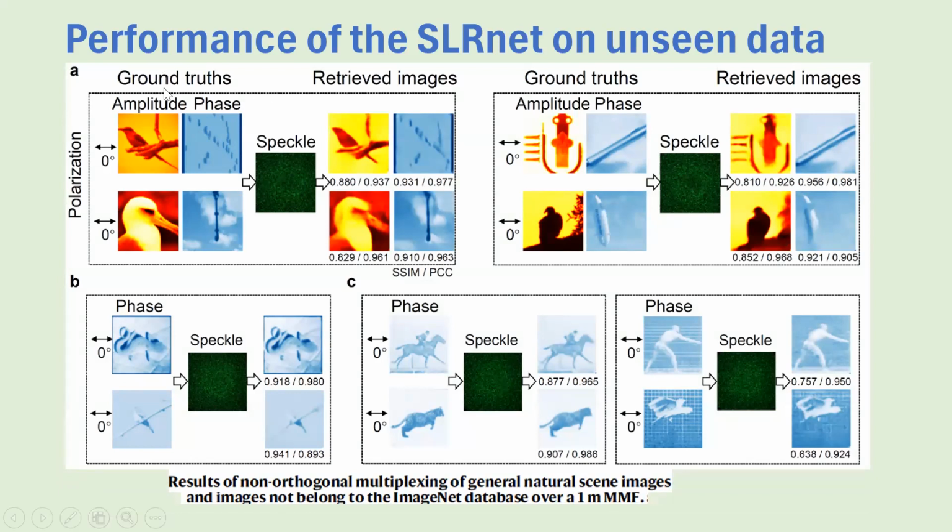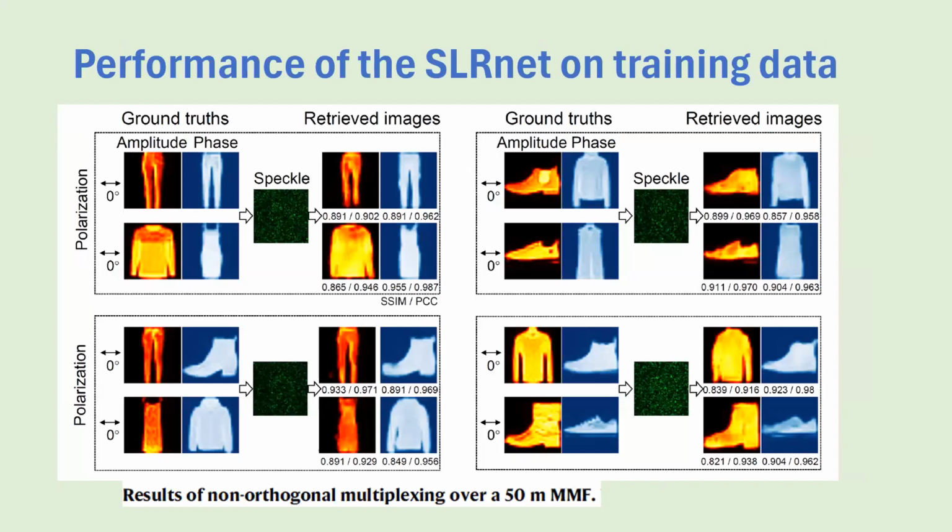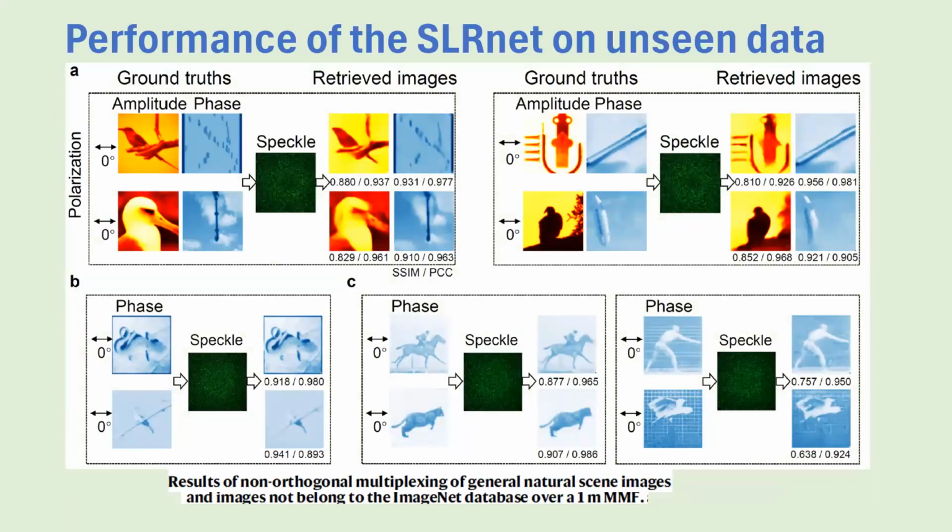Previously we had been feeding it the training data; now we are feeding different information, and our neural network is encoding or decoding different information from the non-orthogonal signals. You see that the performance is still better, because 0.88 against 0.93.